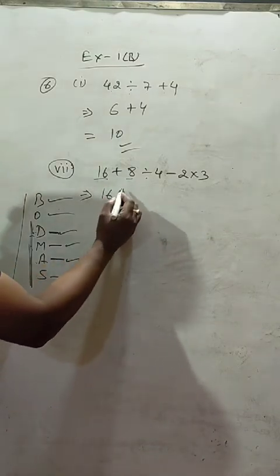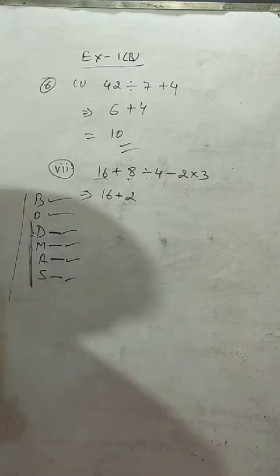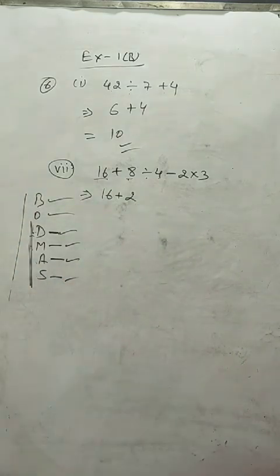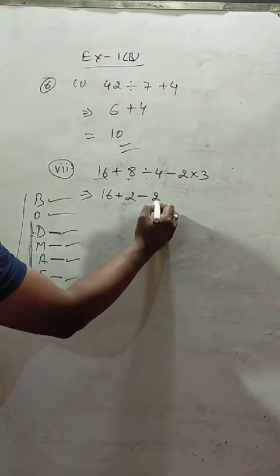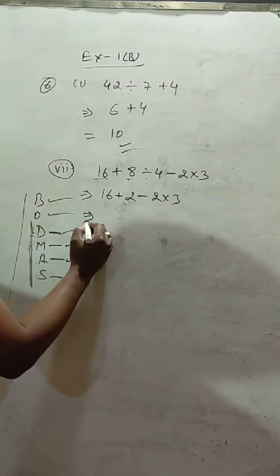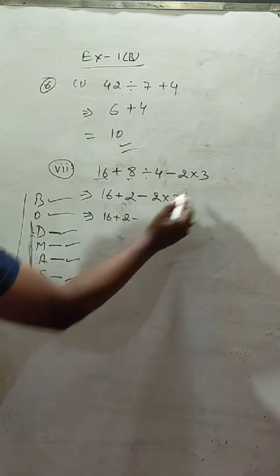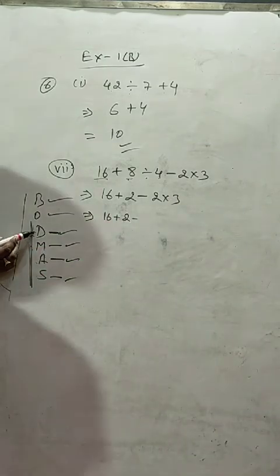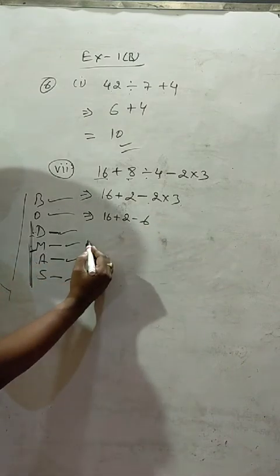Therefore 16 plus, 4 2s are 8, so when we divide 8 by 4 we get 2, minus 2 into 3. Again 16 plus 2 minus, after the division we have to perform multiplication, that is 3 into 2 is 6.